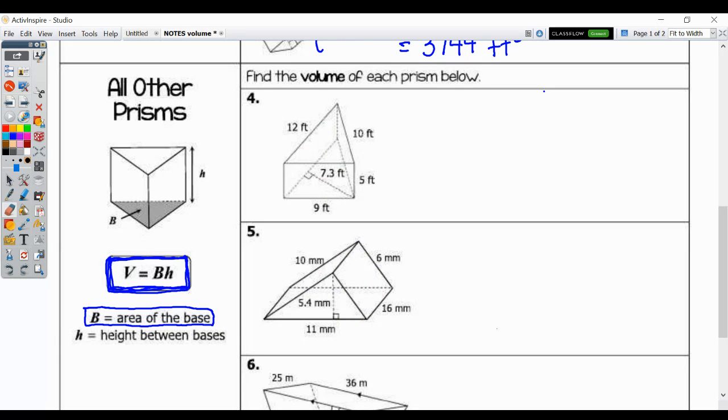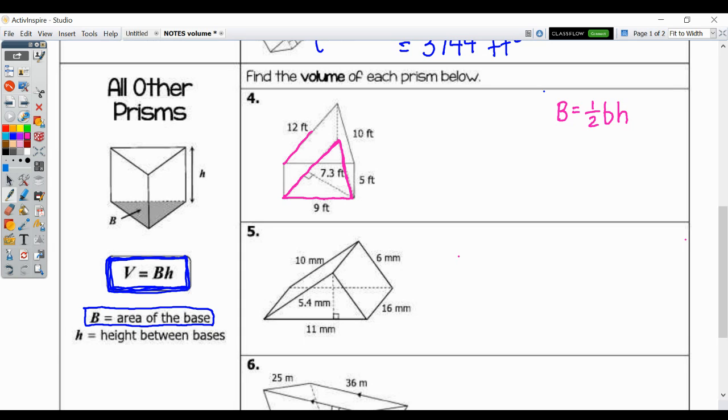Okay, so if my formula has me using the area of one of my bases, then I've got to find the area of my base. We already talked about the base being your triangle. So I'm going to use this pink triangle that I've highlighted here. The area of a triangle is 1/2 times base times height.